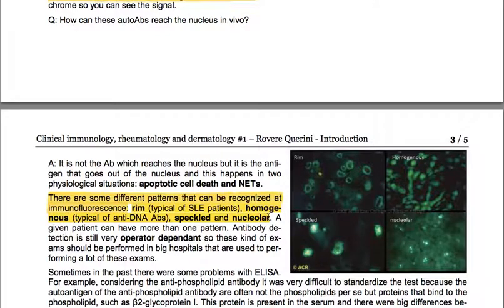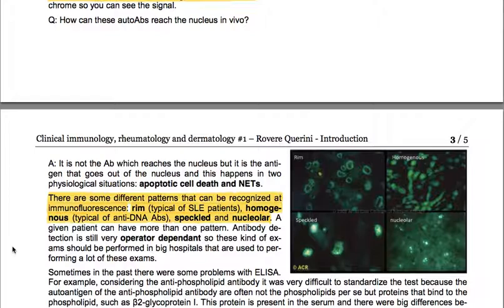Antibody detection is still very operator dependent, so this kind of exam should be performed in big hospitals that are used to performing a lot of exams. Sometimes in the past there were problems with ELISA. For example, considering the antiphospholipid antibody, it was very difficult to standardize the test because the autoantigens of the antiphospholipid antibody are often not the phospholipids per se, but proteins that bind to the phospholipid, such as beta-2-glycoprotein 1.